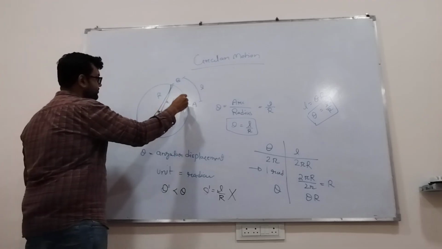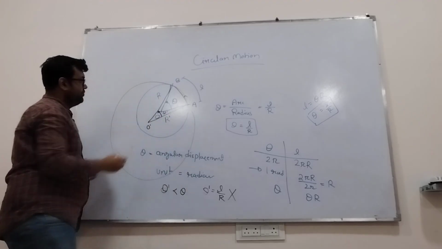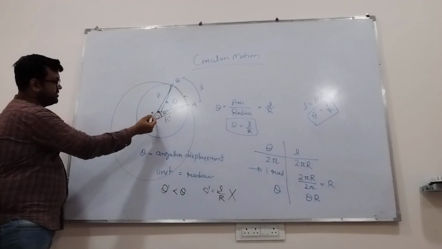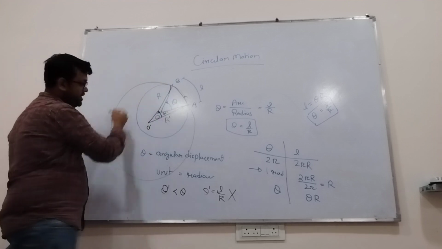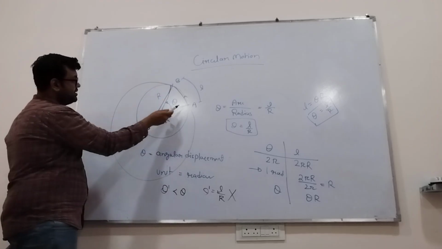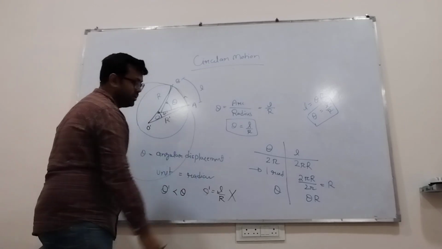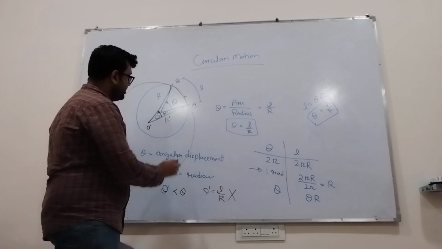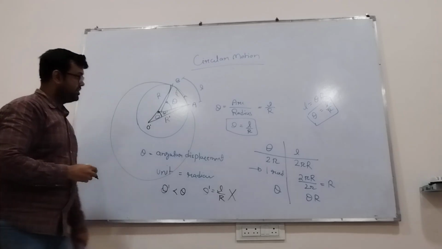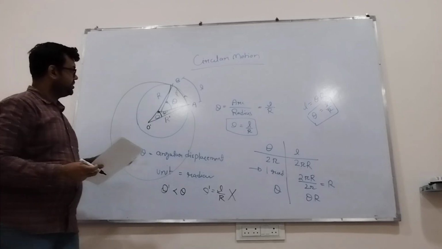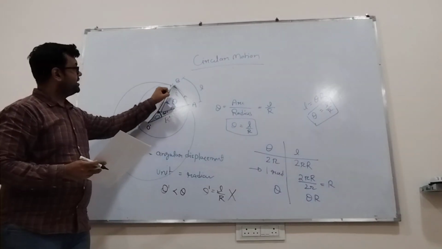So if the observer is now not at O but here at O dash, there will be a new circle that will join the point A to B. So if we apply this formula here, we will get the distance L dash. Okay, that is totally wrong, because the object is moving from here to here along this path.